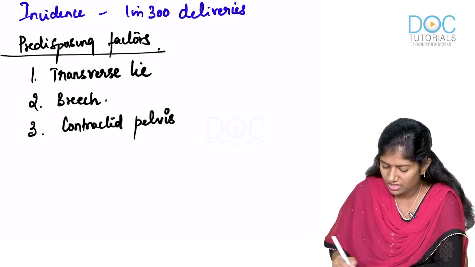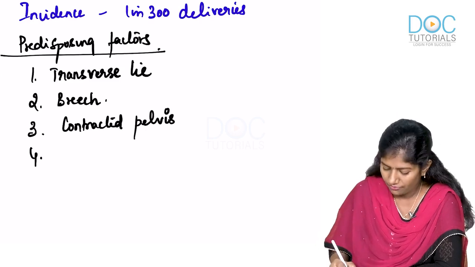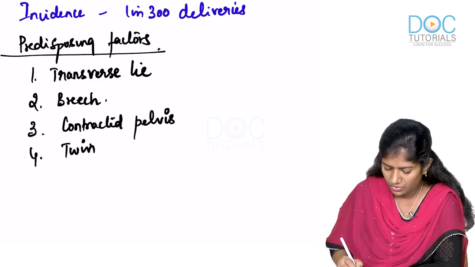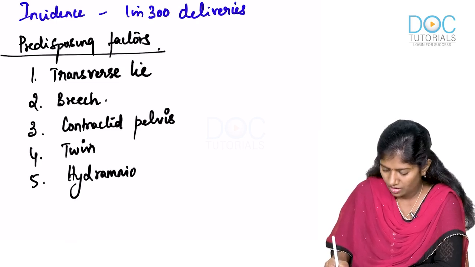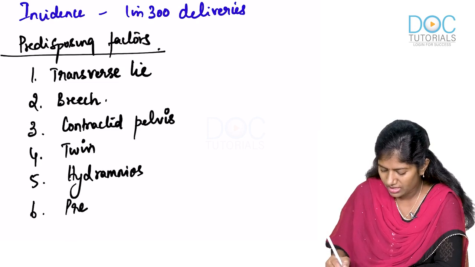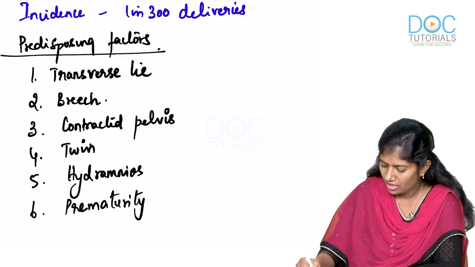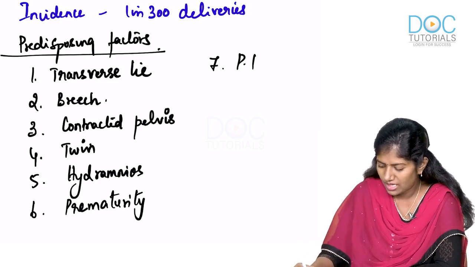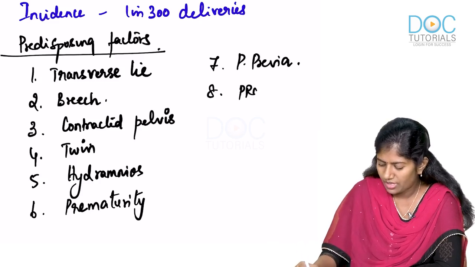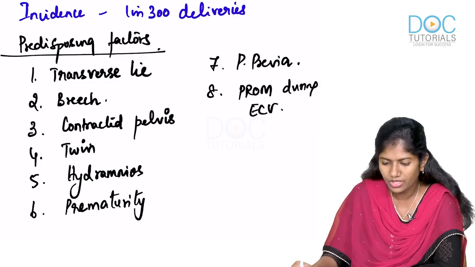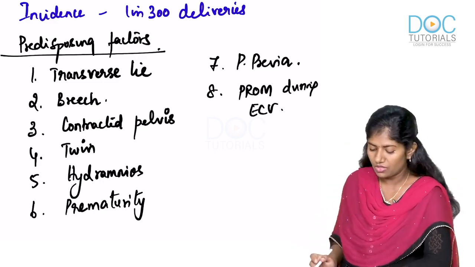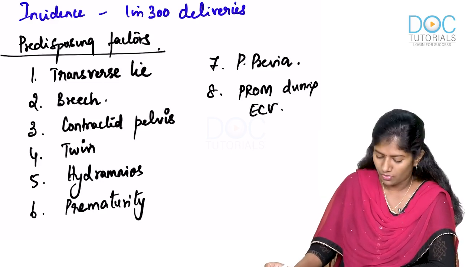Whenever there is over distension, there are chances of cord prolapse, and therefore twin pregnancy, hydramnios, prematurity, that is preterm, placenta previa, and PROM, especially during procedures like ECV. These are the causes or the predisposing factors for cord prolapse.